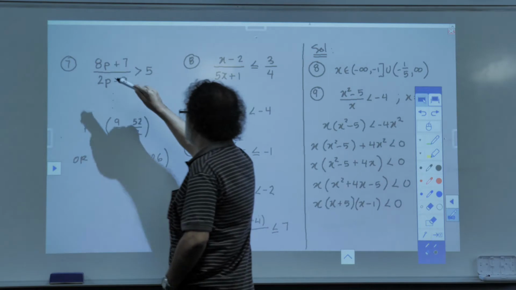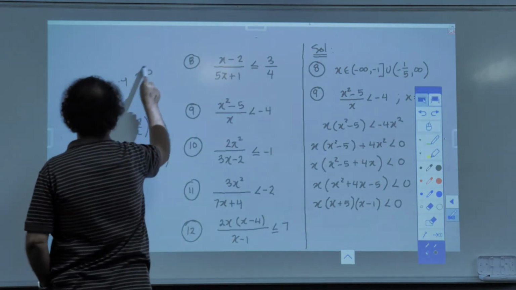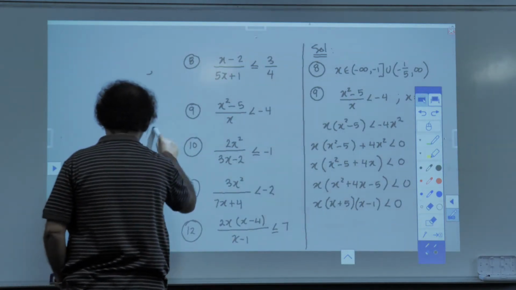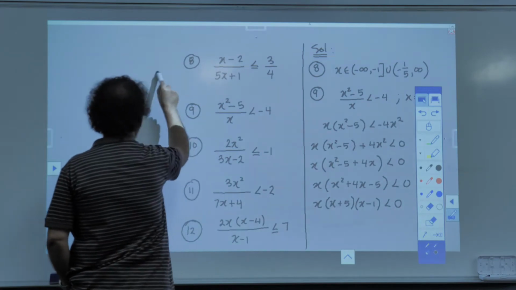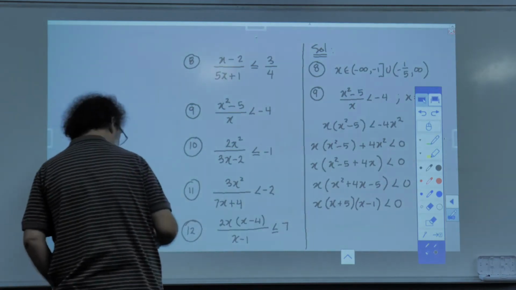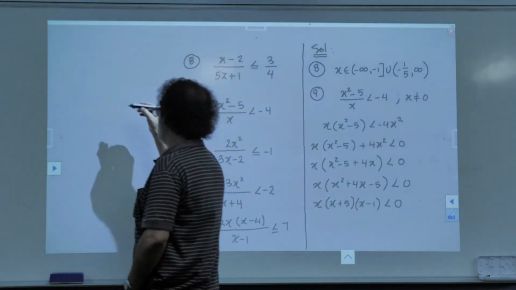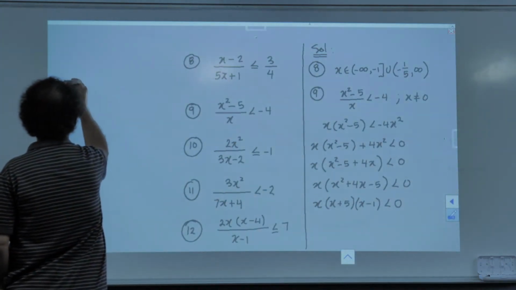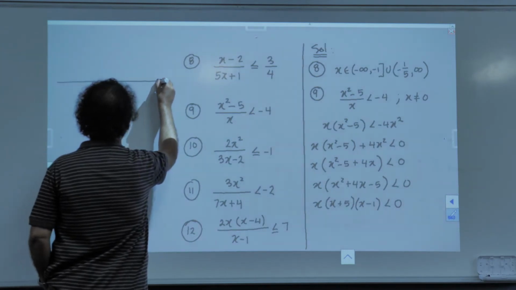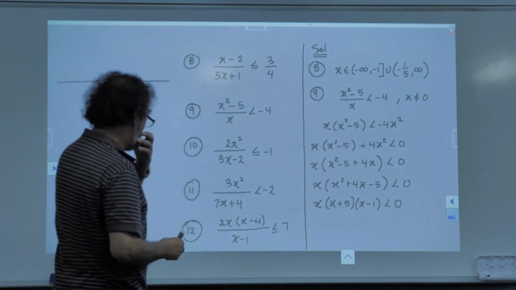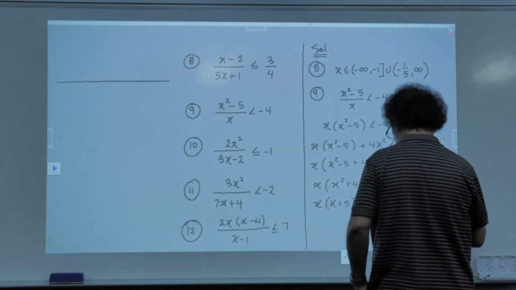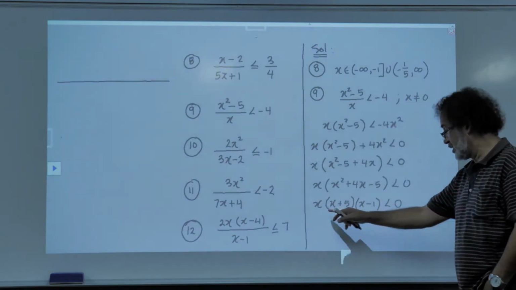So you continue with that question. Can you please draw the number line? Draw the number line, and then we're going to put the solutions on it. We're going to have 3 solutions this time. The first solution is going to be 0.